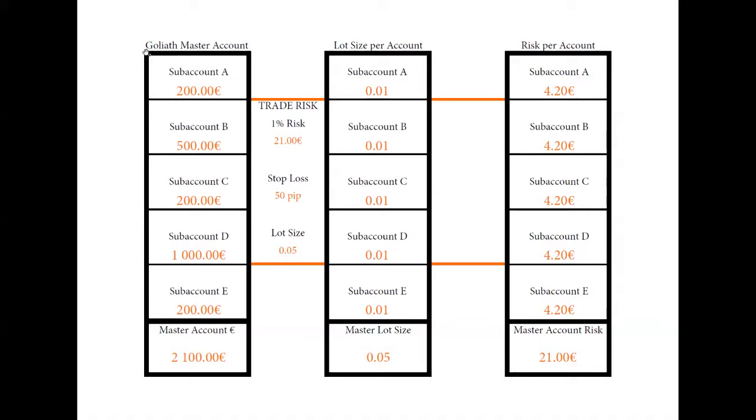At least I don't trade with 10 pips. So in this case, all combined sub-accounts would have a micro lot, which would sum up to 0.5 micros. That would be the position size in the master account. All these accounts would have 4.20 euros, which would sum up to 21 euros in the master account.